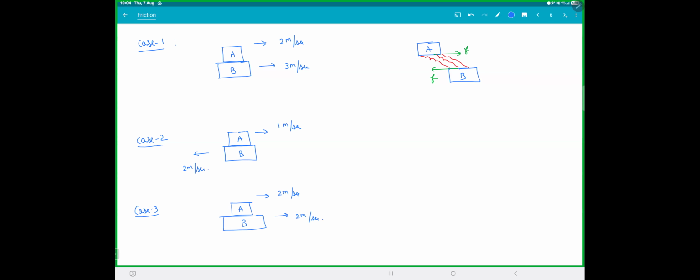What is the direction of A and B now? Try. I'll give 10-15 seconds. It's not tough. Same story. A is trying to go to the right and B is trying to go to the left. So you as friction, you want to keep them together.